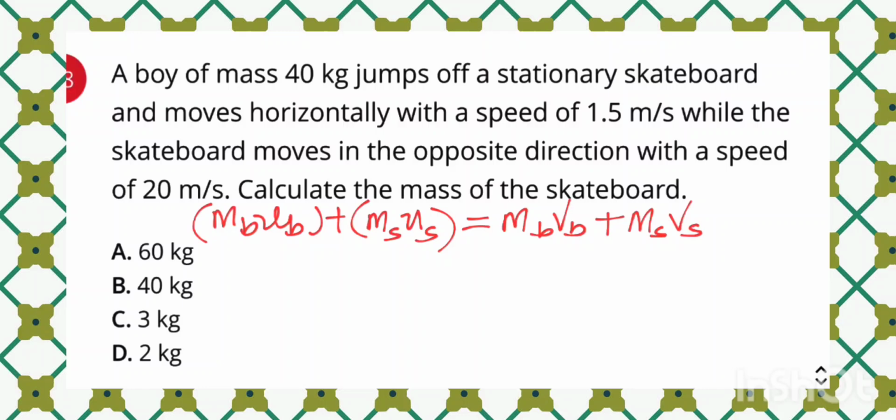So in this question, 40 is the mass of the boy, but we don't know the mass of the skateboard.